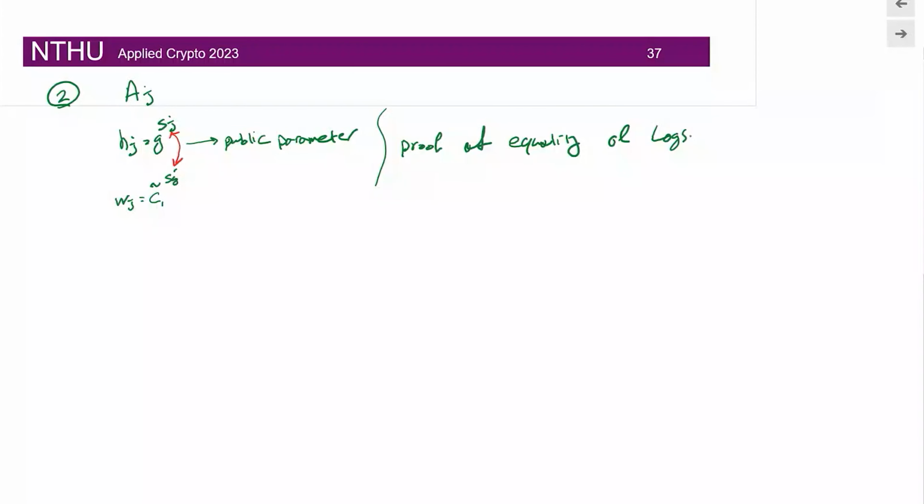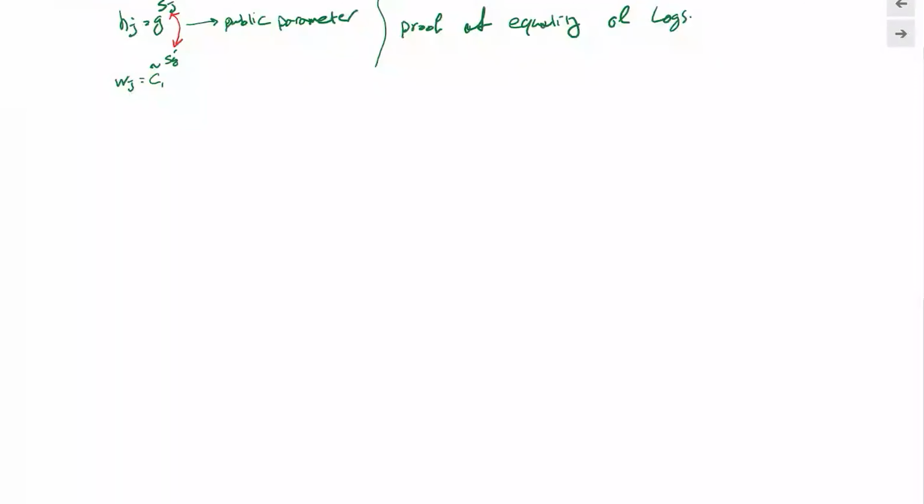That means that if I take the log of hj to the base g, this is going to be equal to the log of wj to the base c1 tilde, and both sides are going to be sj, right?